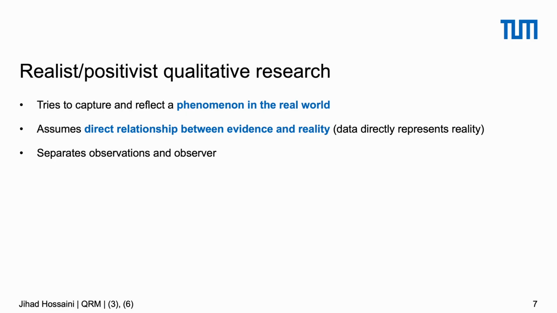One thing that positivist qualitative research will do is try to separate the researcher and the research subject from the methods. They will try to be as objective as possible. They will try to use certain kinds of methods to be as objective as possible. This was the realist, the positivist position. So there's one truth, and we can capture this whole truth.